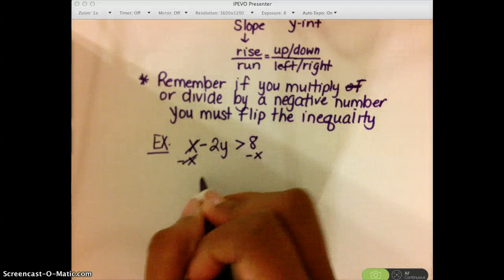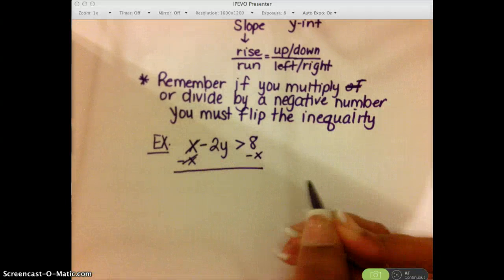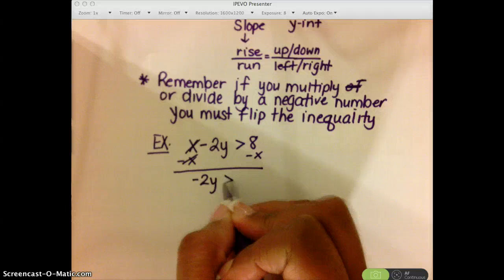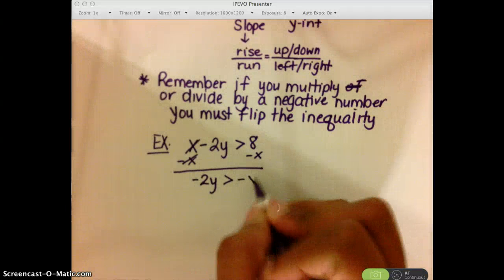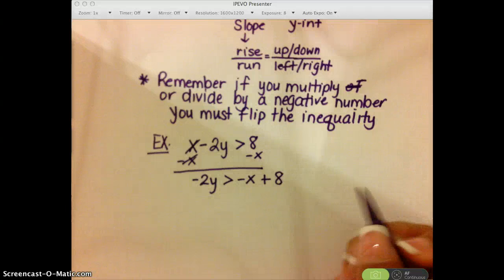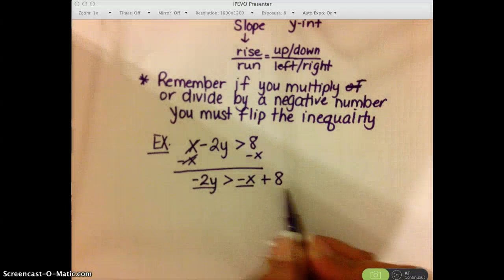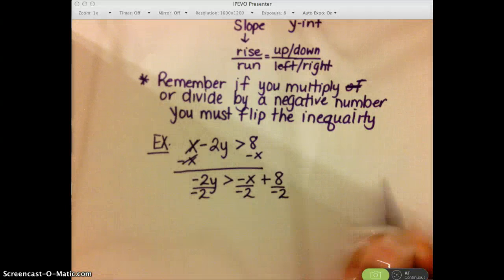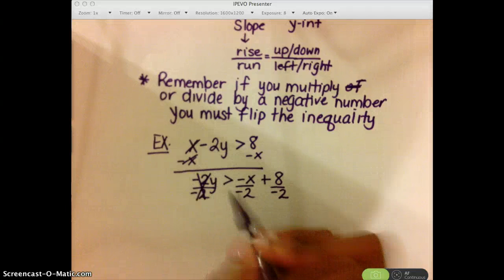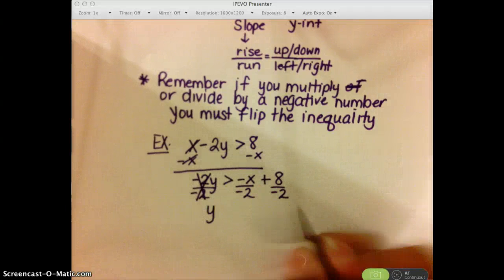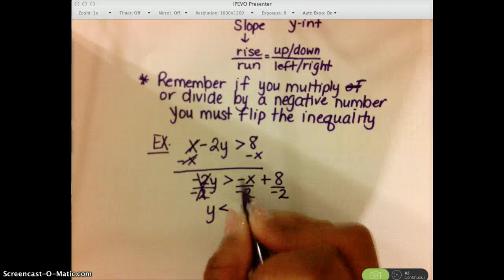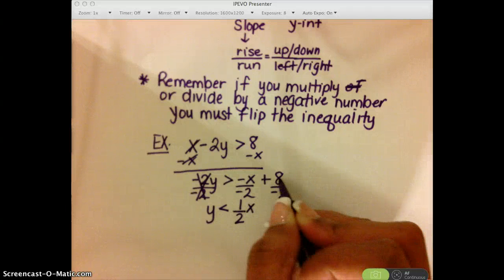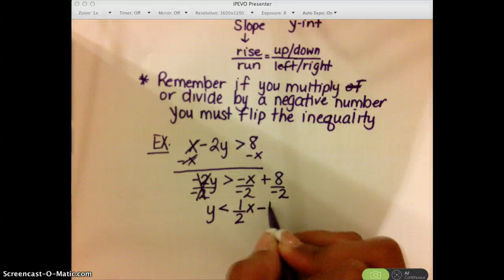These will cancel, and that's going to leave us with negative 2y is greater than negative x plus 8. Now we need to divide each term by negative 2 so that the y is completely isolated. Since we're dividing by a negative, we have to remember to flip that inequality. And it gives me y is less than, two negatives make a positive, 1/2 x, positive 8 divided by negative 2 is negative 4.